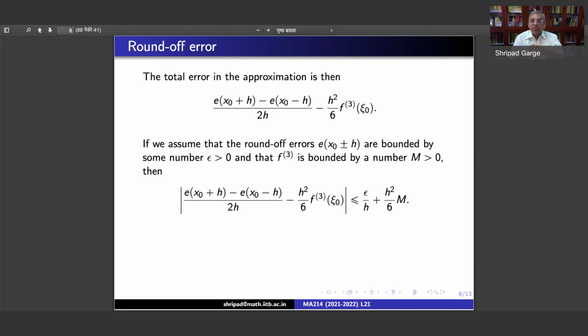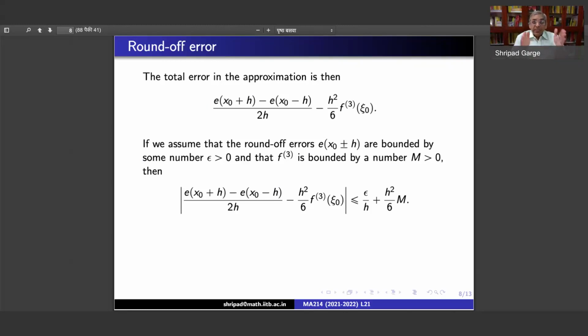Here we are assuming h to be positive, so that 2h comes out right away, and the numerator is e of x naught plus h minus e of x naught minus h, but inside a mod. And once again we use the formula that mod a minus b is less than or equal to mod a plus mod b.